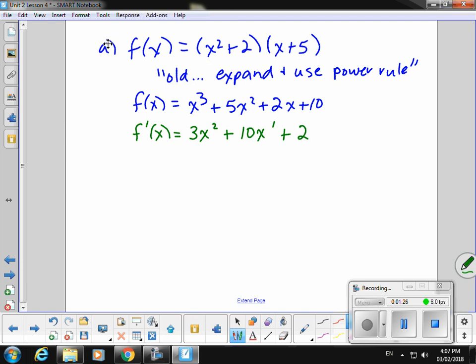But there is another way to do it. If I have the function (x squared plus 2)(x plus 5), I have what we call the product rule.